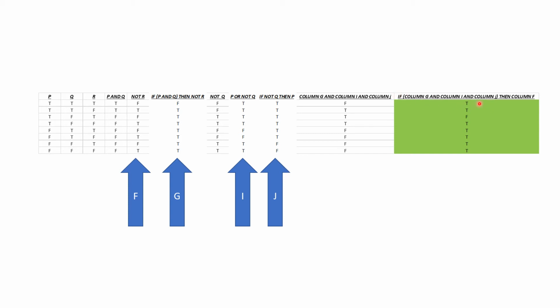So the conjunction of those things is the if part, and then the conclusion is in column F. So we say if this and this and this, then what happens here? And so we build the truth table, and we don't get all T's. We have an F there. That means it's an invalid argument.